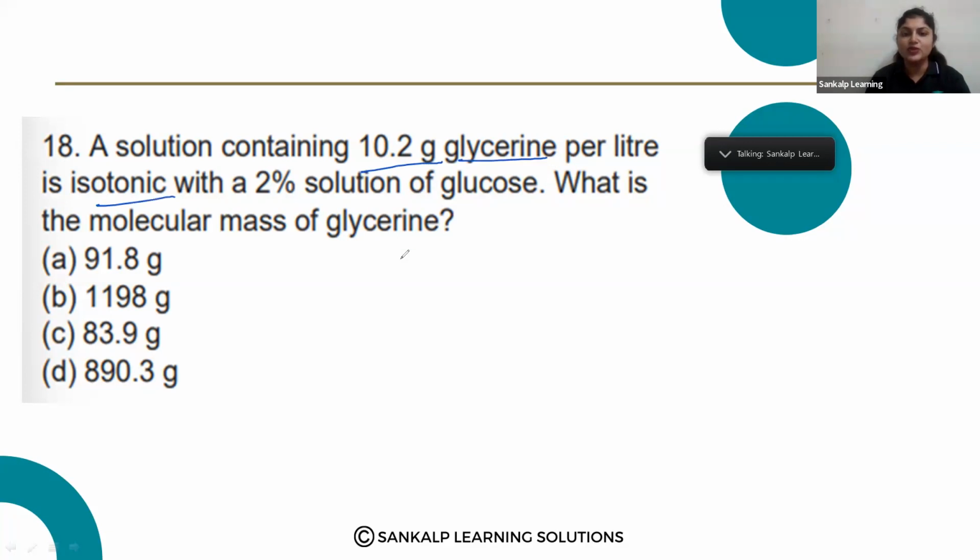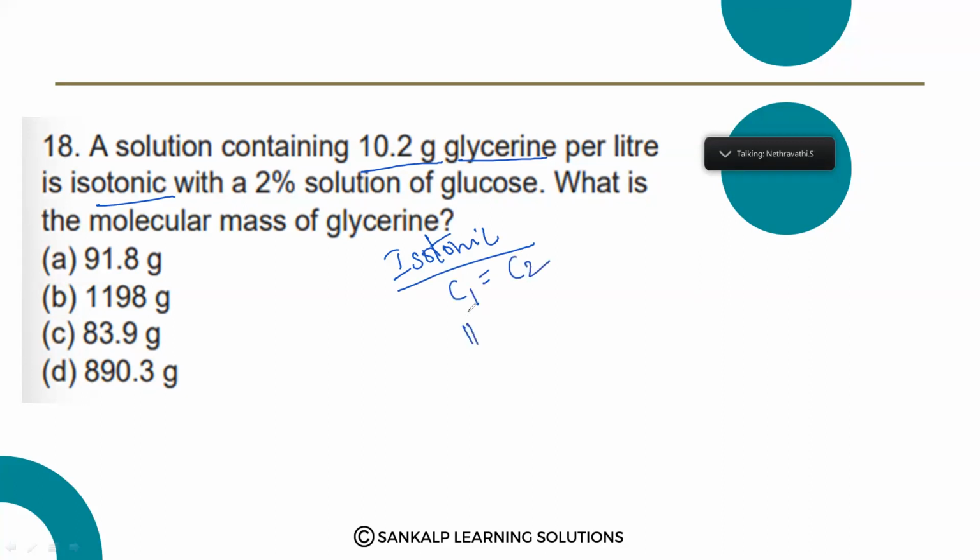What do you mean by isotonic? Isotonic solution means the concentration of one solution is equal to the concentration of the other. That is pi1 equals pi2, that is C1 RT equals C2 RT.